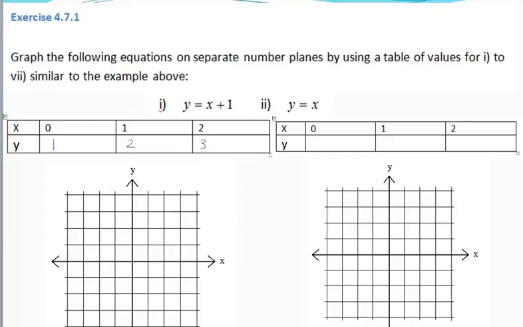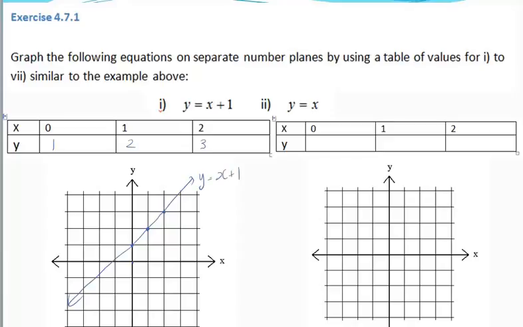When x is 0, y is 1, so that's our first point. When x is 1, y is 2. When x is 2, y is 3. These are our 3 points, and we can plot our line y is equal to x plus 1.